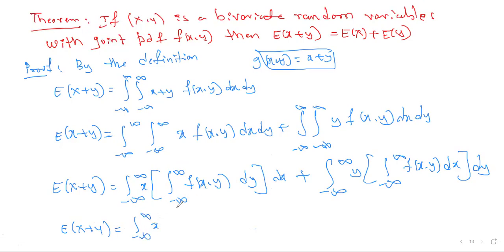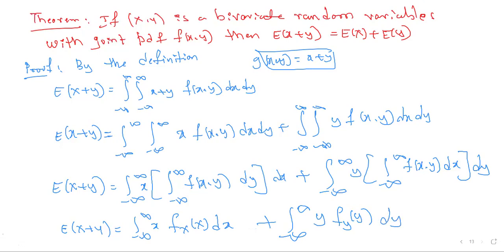Correct? So the integration of x is as it is. So this is nothing but, again, the marginal distribution of x. The integration of f of x comma y dy is nothing but the definition of the marginal distribution of x, that is f of x, then dx as it is, plus, as it is, from minus infinity to infinity y times the marginal distribution of y, that is f of y, then dy as it is.